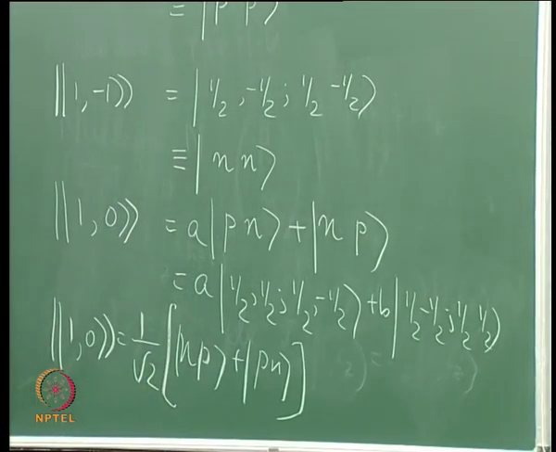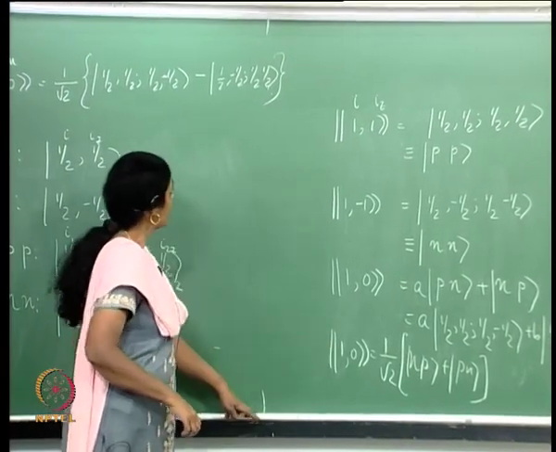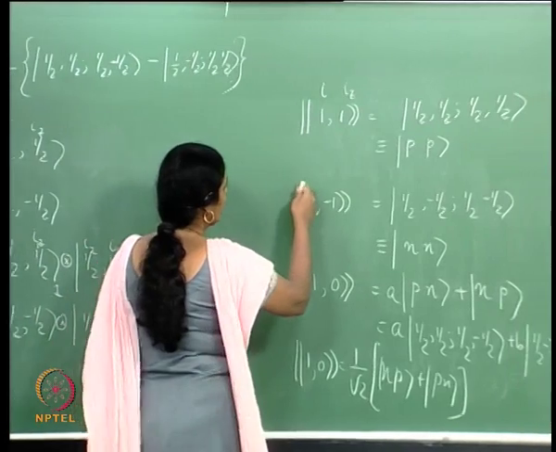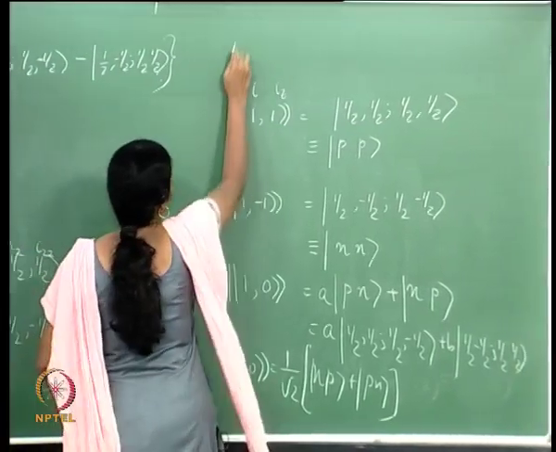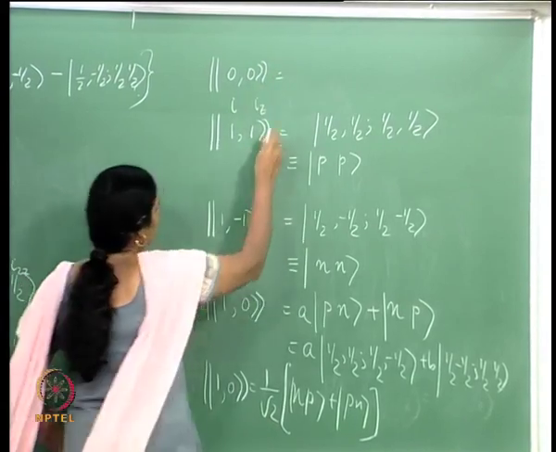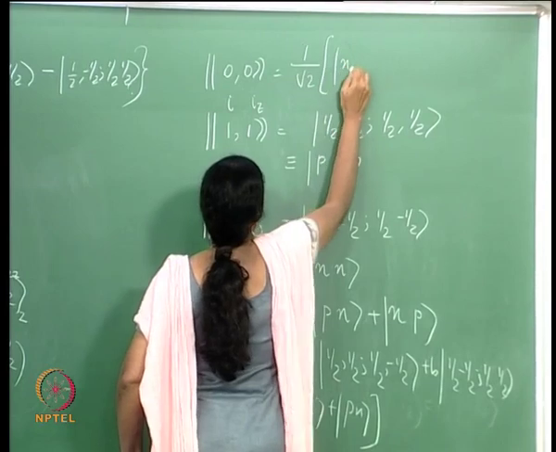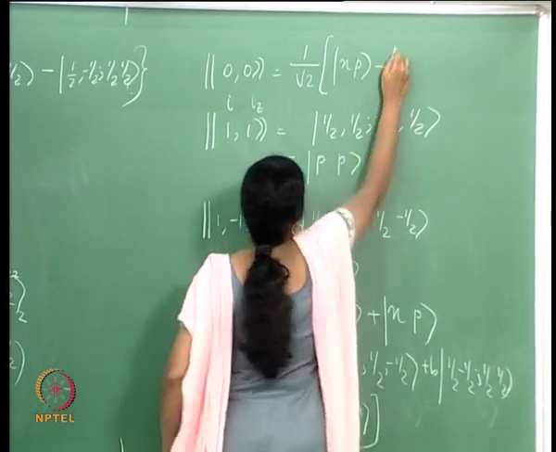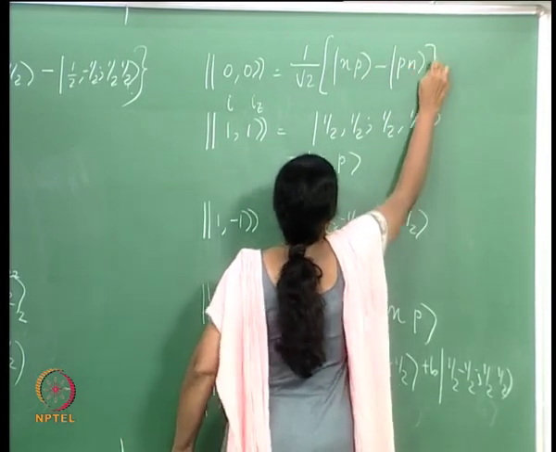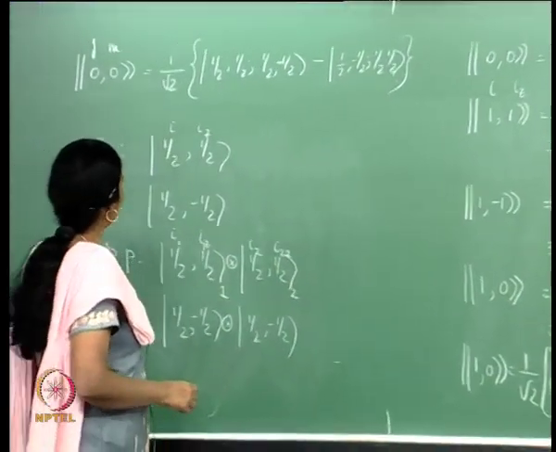The singlet state 0, 0 is orthogonal to this state, and we could have written that, and we showed that this is 1 by root 2 Np minus Pn. In the language of protons and neutrons and isospin, this is what it is.